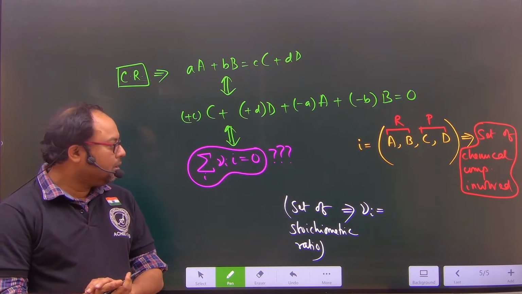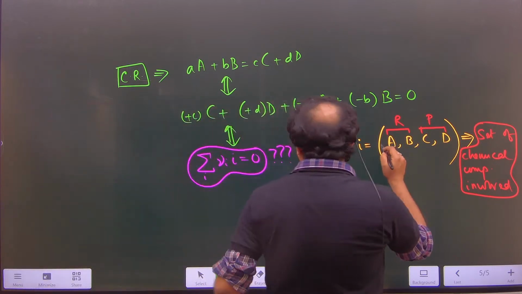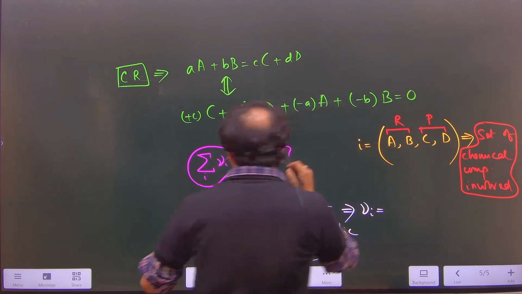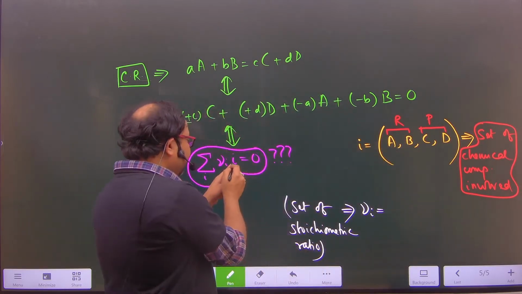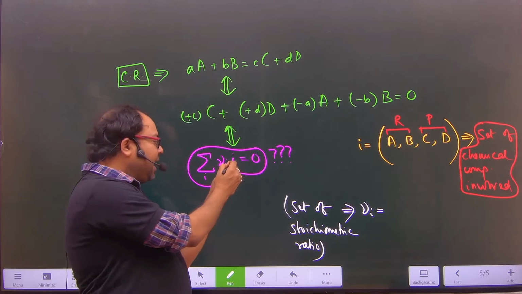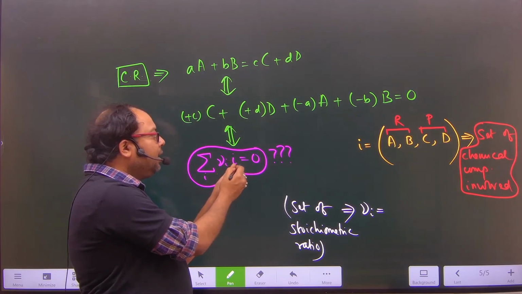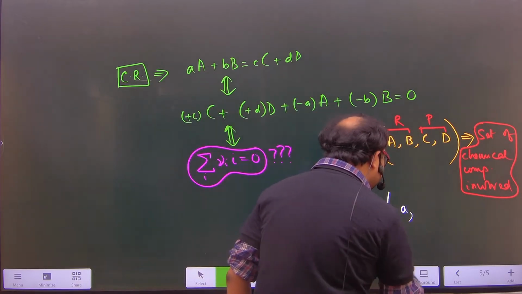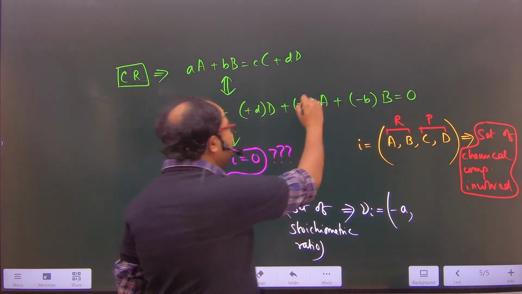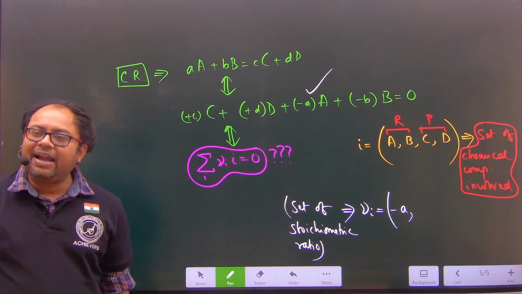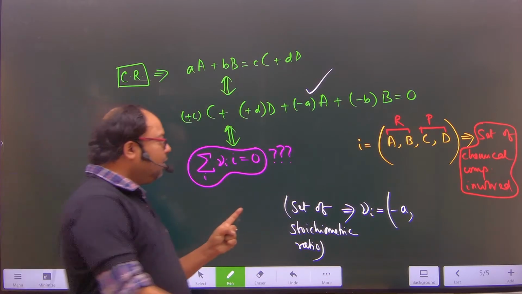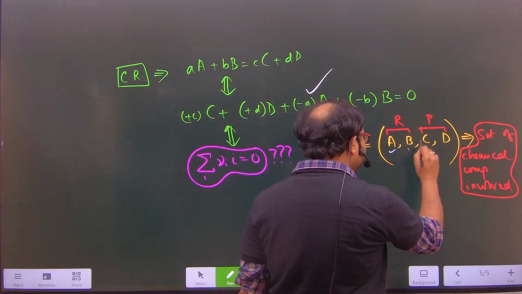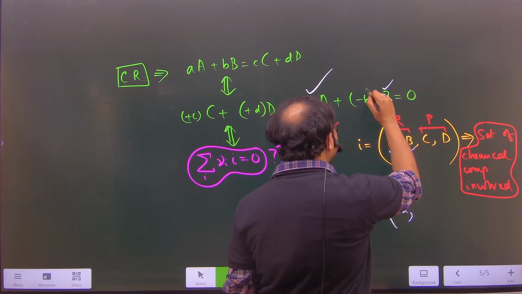So when you just look into this equation, when i is capital A, nu i is minus a. So you have this term. When i is capital B, nu i is minus b.